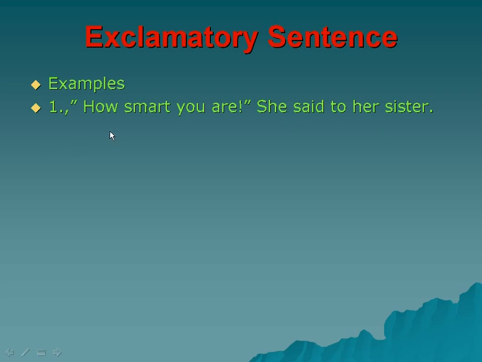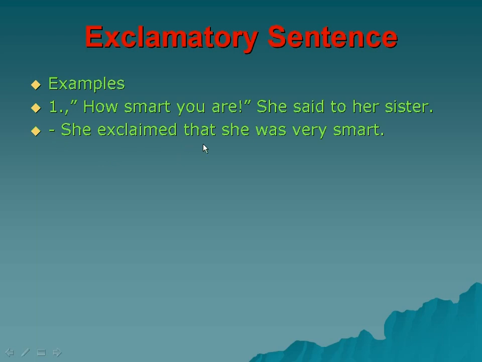When there is an exclamatory sentence, we take exclaimed as a reporting verb and again that as a connective word. She exclaimed that she was very smart. Instead of how, we take here very for making an assertive sentence.